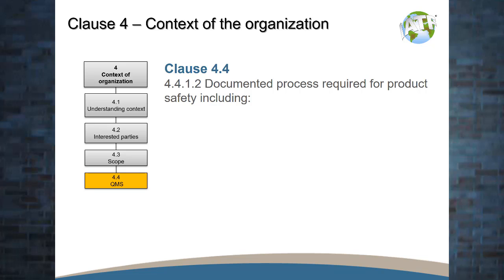4.4.1.2, we have to have a documented process that's required for product safety, and that documented process is very, very extensive. This is the first time we see product safety really taken to this level of details.